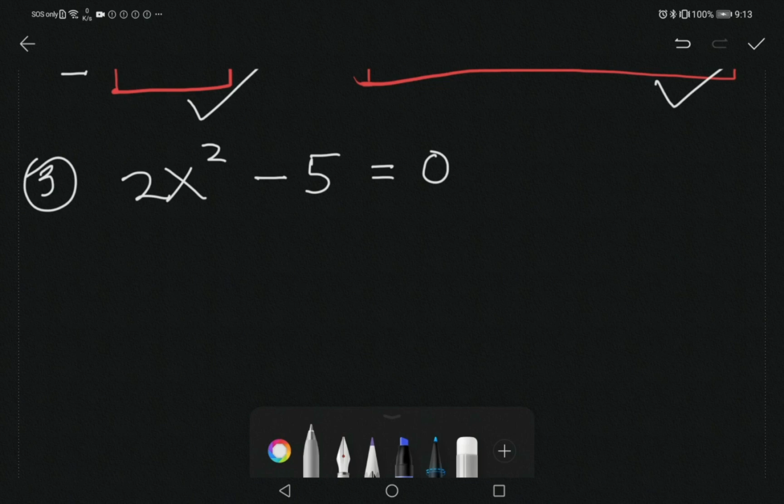So, wala siya x diya. Ang value sa imong a, mao ni siya. Nya ang value sa imong b, kato ang x ra siya.